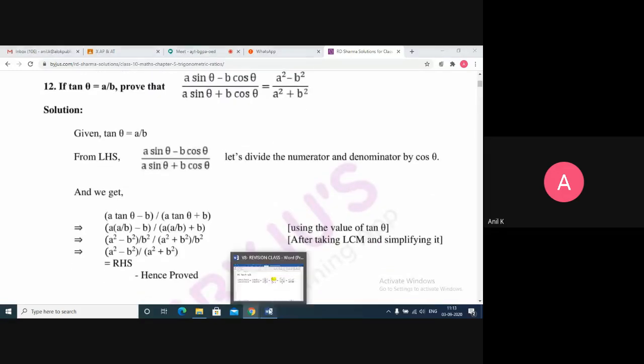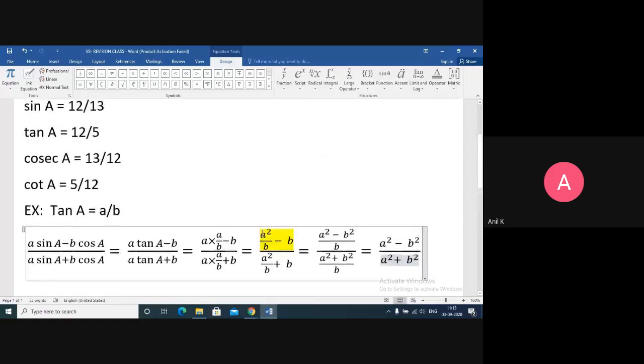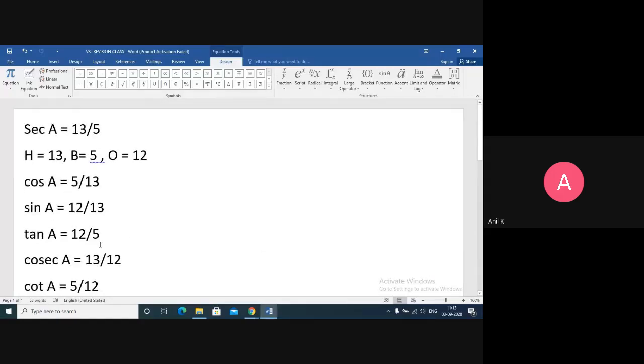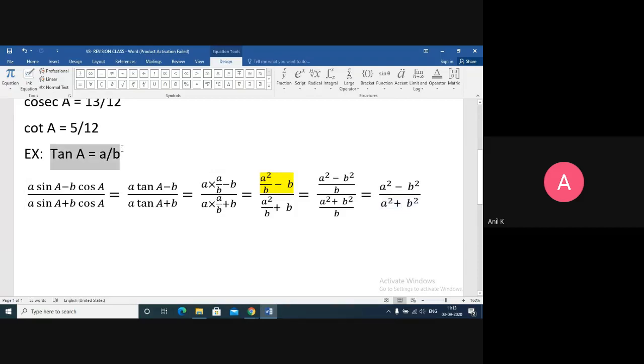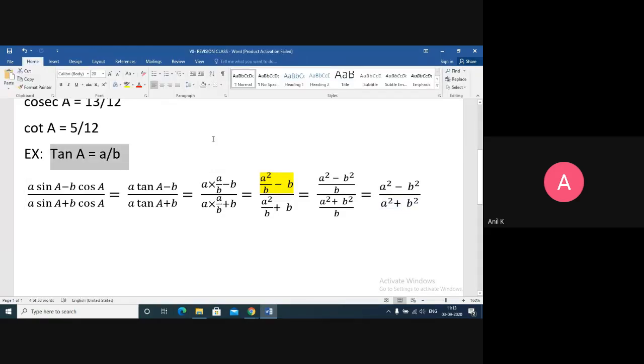Or if you want to solve by the other method, how I drew the triangle, then I got the other side. So tan A, you get a right angle triangle. Opposite side is A, this is B. Apply the Pythagoras theorem to get the hypotenuse, which is under root A square plus B square.